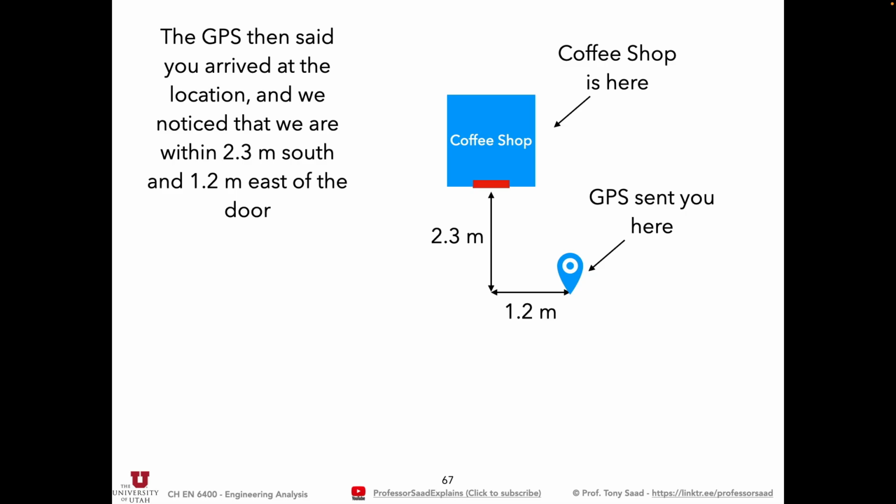So now technically, you might say, okay, we got to the coffee shop. But again, think of this if you're shooting a laser to do a surgery, or you're doing something with incredible precision and accuracy. How do you measure the error here? What is the error committed by this GPS?